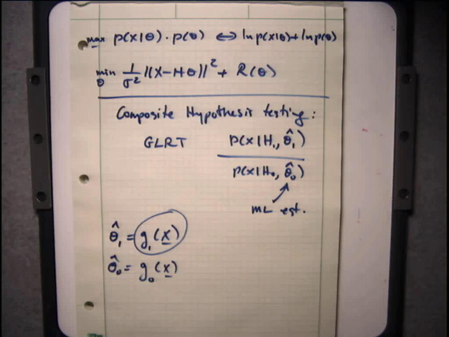Not just that I don't know some parameter in x and y. I actually don't know p of x and y. All I've got is a bunch of measurements of x and y. So what am I going to do now? If I want to make a prediction of x based on y, I have to do two things. I have to actually estimate the entire probability density function in some sense, and I have to come up with an update for x based on y. And those are called non-parametric methods.